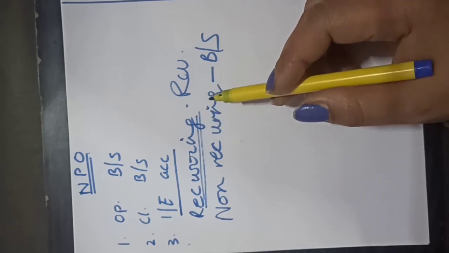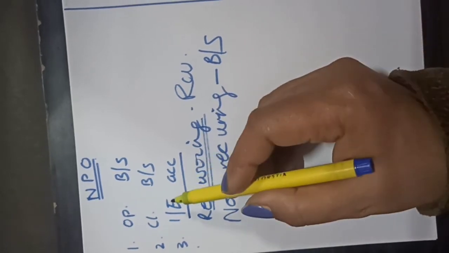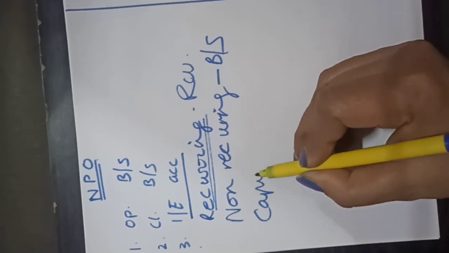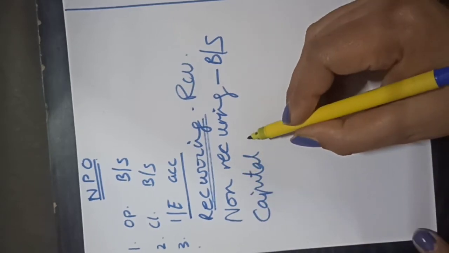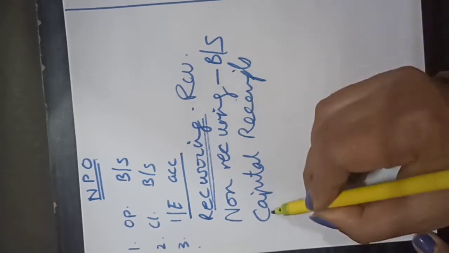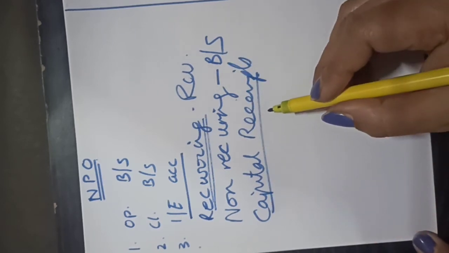So now I will deal with the balance sheet fund items, the capital expenditures, and the capital receipts. Now here, children, what are capital receipts?